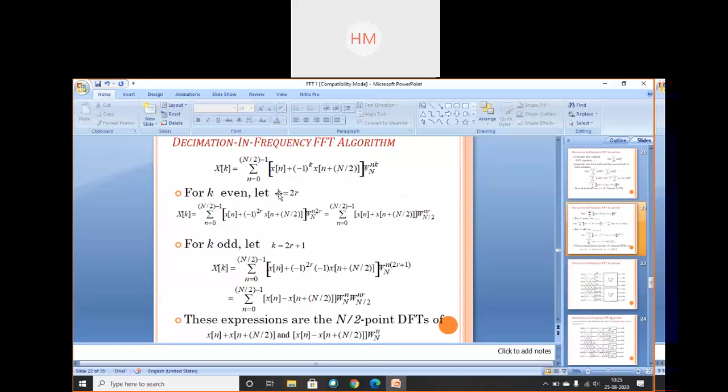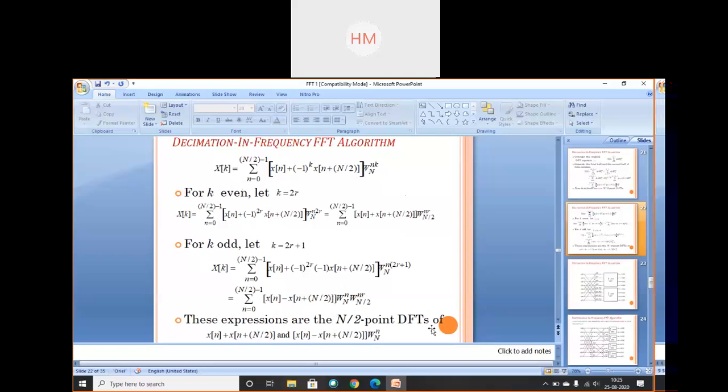For k even, let k equal 2r. This k index is 2r. We are substituting it over here and we will get this equation. For k odd, k is equal to 2r plus 1. Again we got the equation.